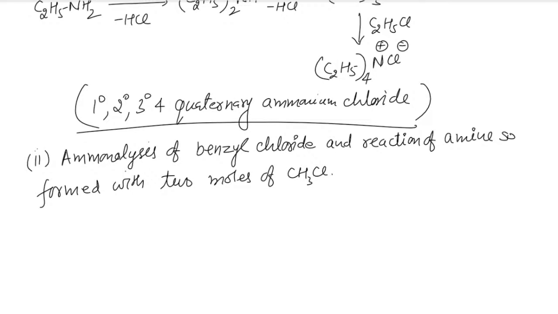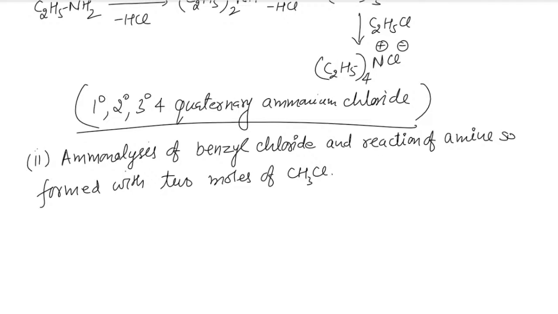First ammonolyse the benzyl chloride, and then the amine is formed. Now this amine formed should be treated with 2 moles of methyl chloride.